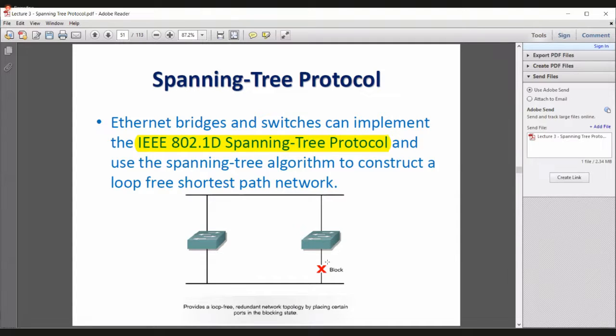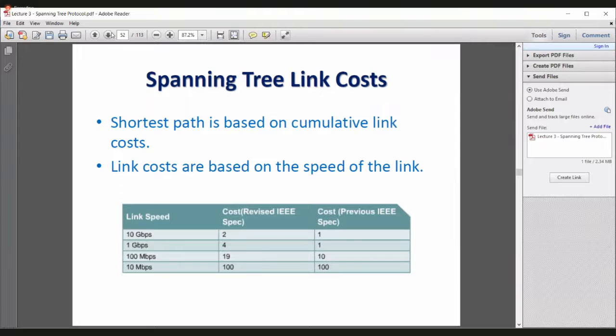From one particular place towards the root, what is the cost? So calculate that part, then find the shortest path. Find the shortest cost. The shortest cost path is active. Every other path is not active, or blocked. Right?